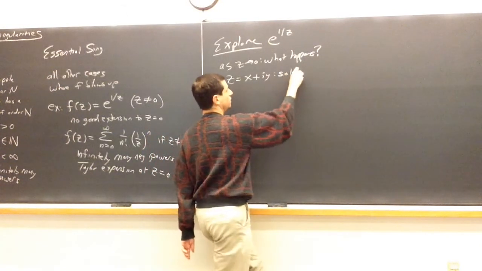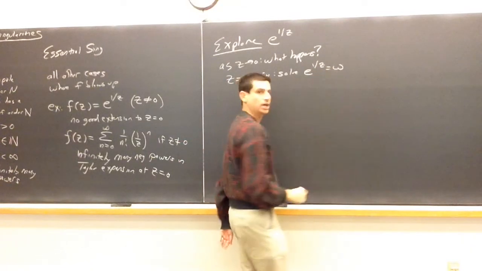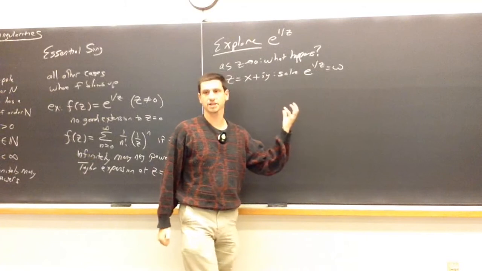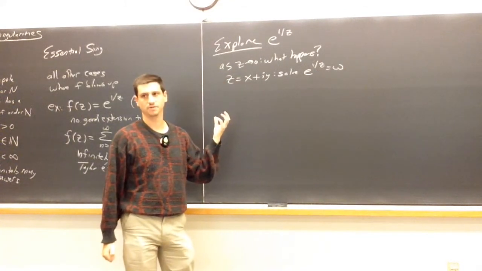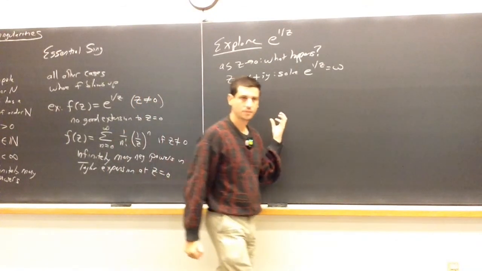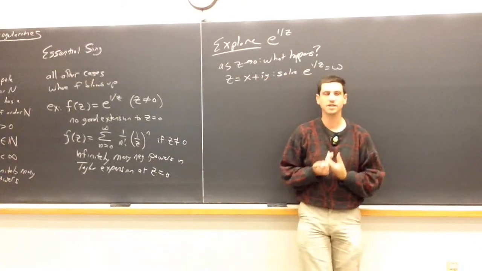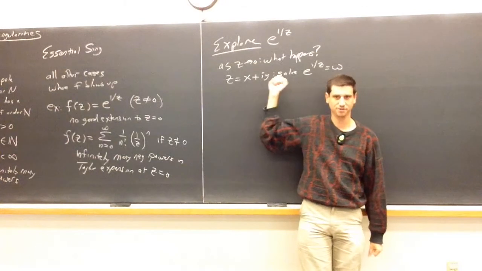Let's solve e to the 1 over z equals w. Let's figure out which w we can hit. Are there any w that we have to worry about? If I want to find w, are there any w that I do not expect to be able to solve for z?